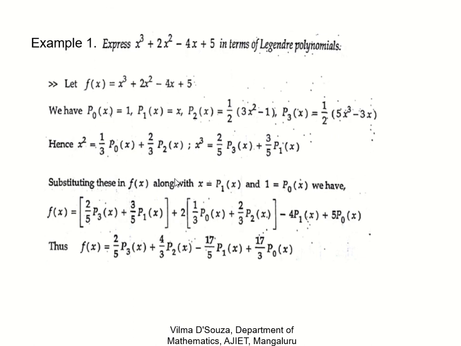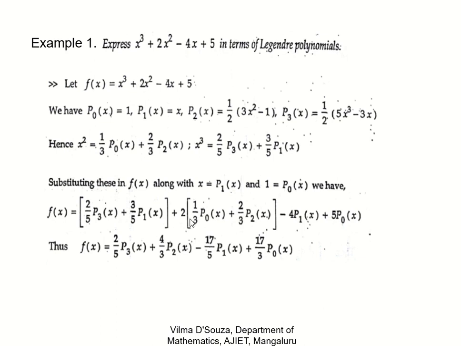Then substitute these values in the given function f of x. So what is f of x? F of x equal to x cube. What is x cube? 2 by 5 P3 of x plus 3 by 5 P1 of x, plus next term is 2x square.